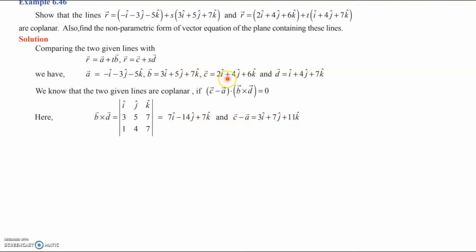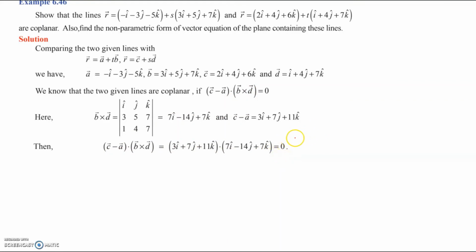And our C minus A vector is 2 minus of minus 1, which is 3i cap, similarly plus 7j cap plus 11k cap. So we have these two. Let's substitute these values, and the result is equal to 0.